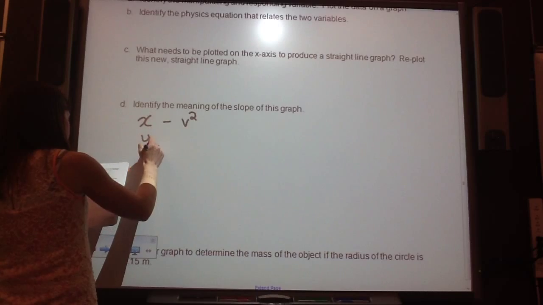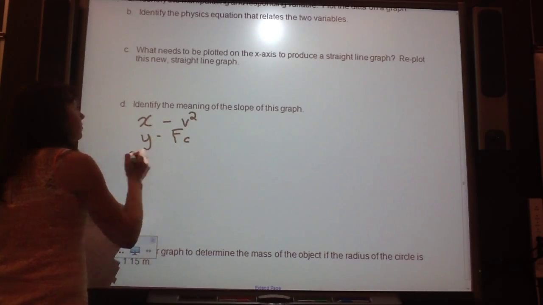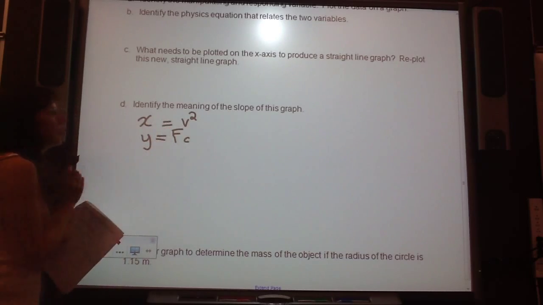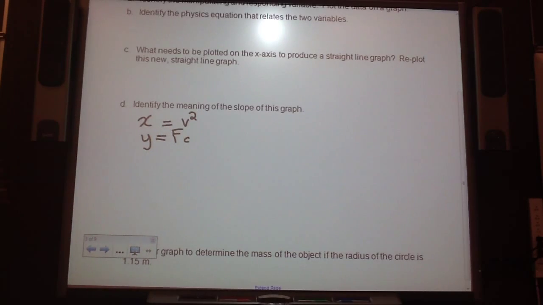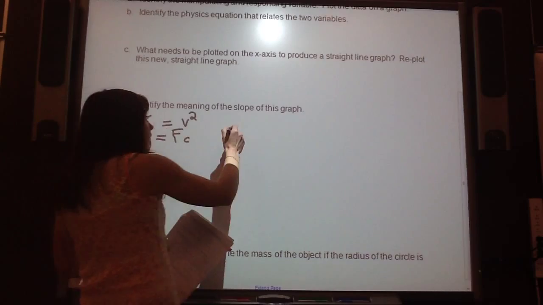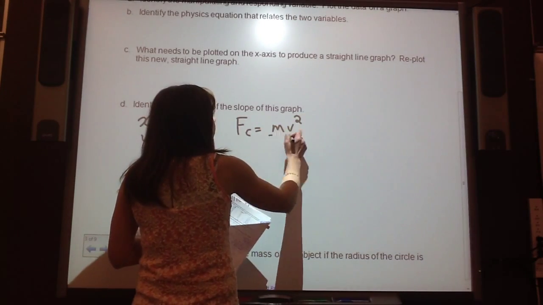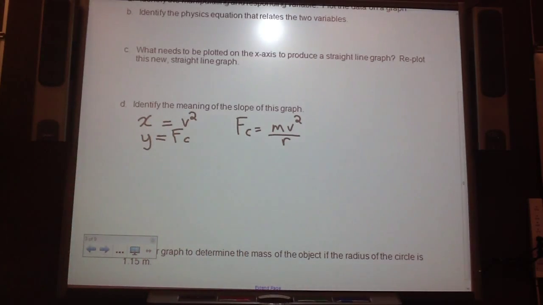And we said y was fc. Maybe I'll put an equal sign so that it doesn't look like a negative. So we had identified our formula as fc equals mv squared over r. Okay, great.